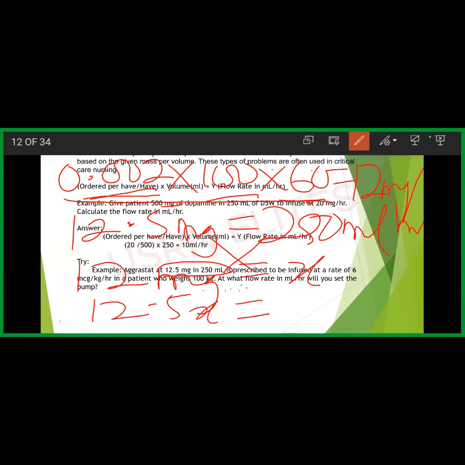Then 12 times 250, that is where you get the 3,000, right? Then you divide both sides by 12.5. Then you get your answer, which will be 240 mils.